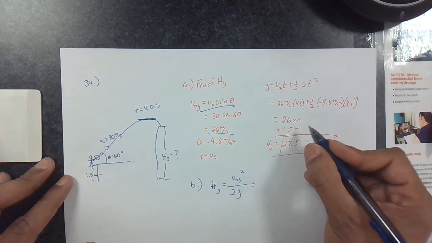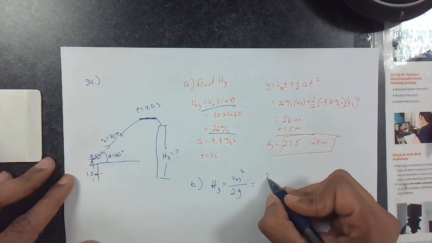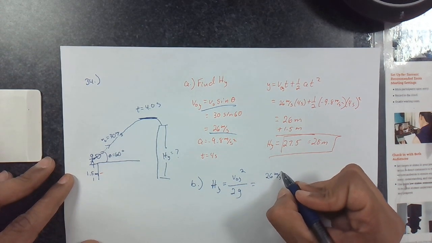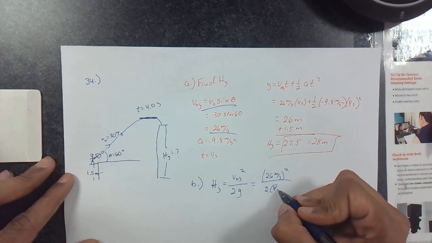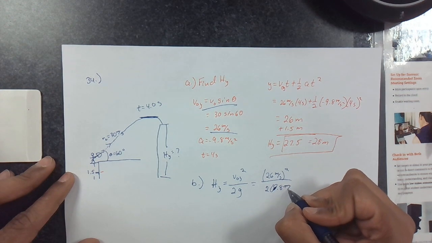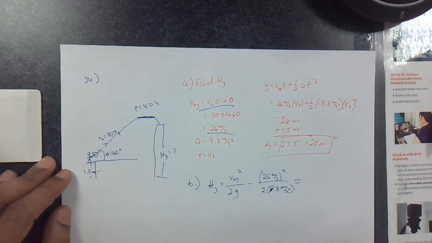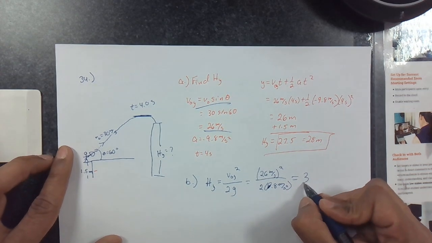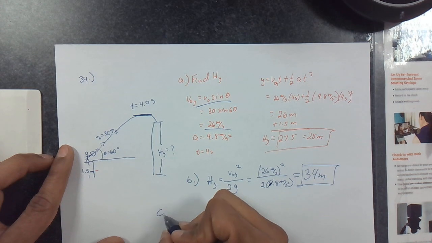When it's g, it's positive. When it's a, it's negative 9.8. So that would be 26 meters per second squared over 2 times 9.8 meters per second squared, which gives us a total height of 34 meters. That's part B.